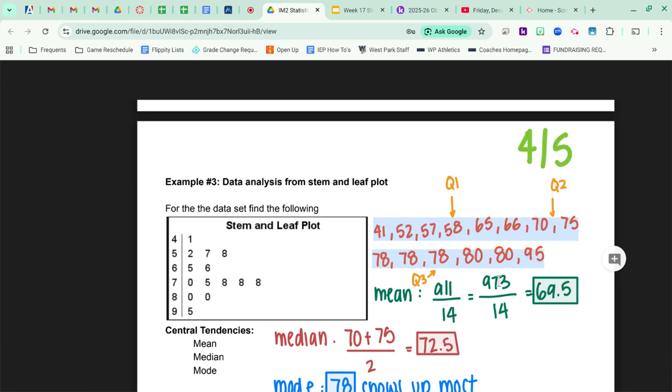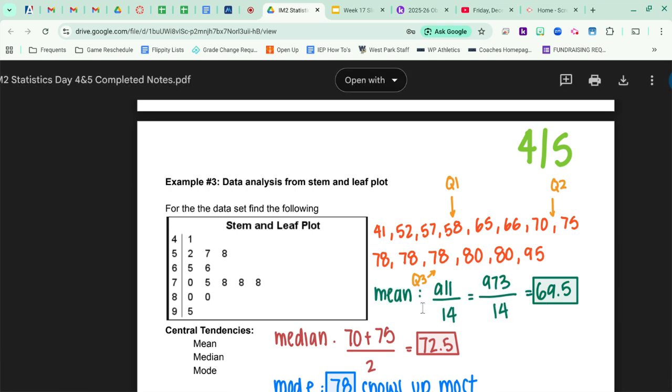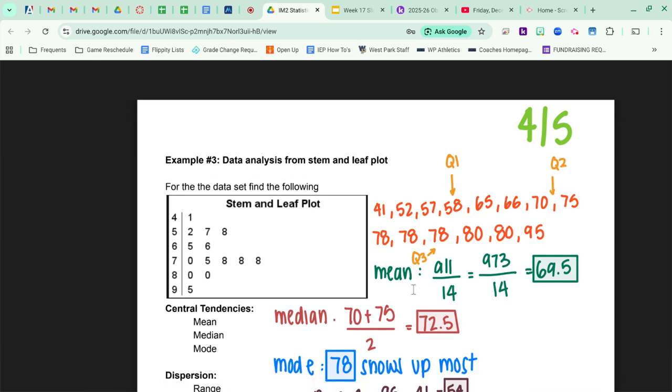When you add all those up and divide by the total number of values, that being 14, you get 69.5. Now, if these were test scores, definitely not your test scores. You perform way better than this. The average would be 69.5. Now, that is a measure of central tendency.